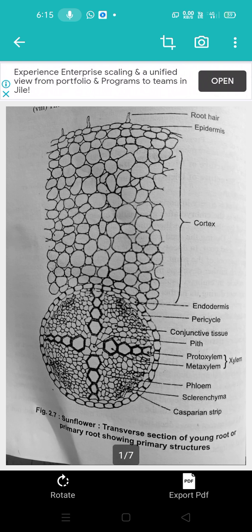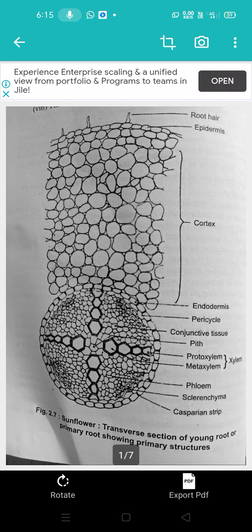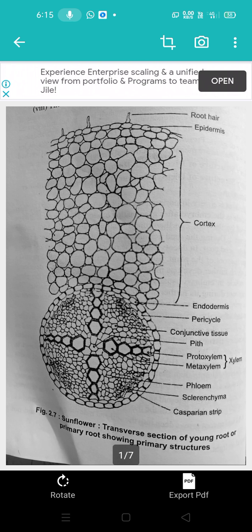During seed germination, the radicle elongates and comes out. This radicle in dicotyledon plants enters the soil and grows to form the root of the plant. Such root in dicotyledon is called a primary root.